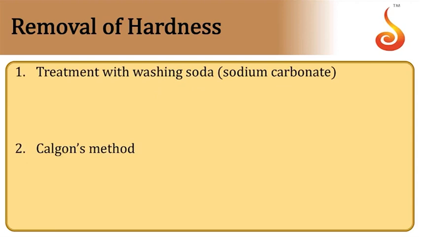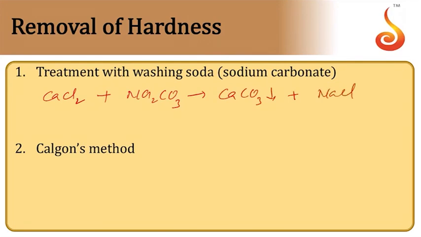Let us take the first one, that is treatment with washing soda. Suppose you have a hardness-causing compound, let's say calcium chloride, a permanent hardness causing compound. When you add washing soda, that is Na2CO3, it forms calcium carbonate, which is a precipitate that can be removed, and forms NaCl. Suppose you have a sulfate also, the same reaction takes place.